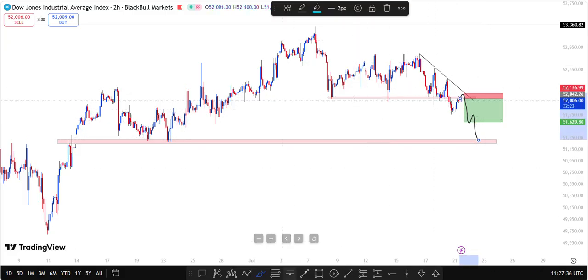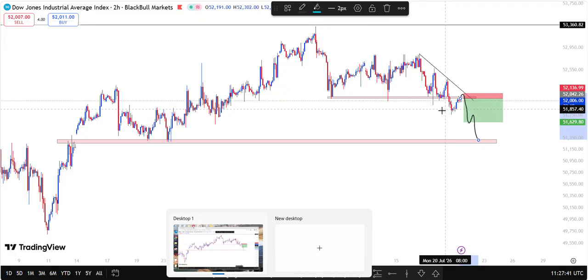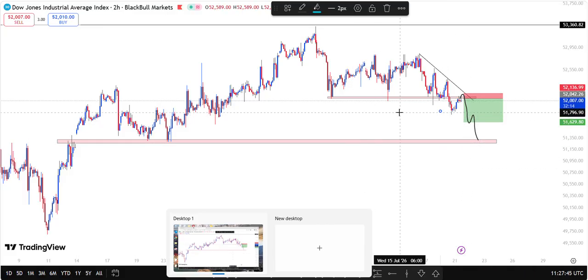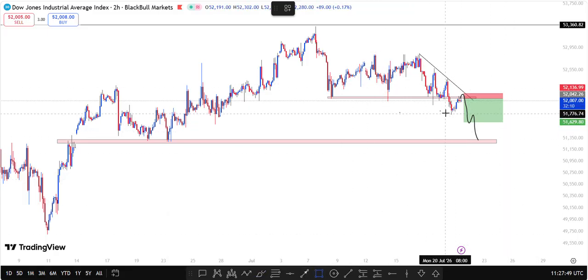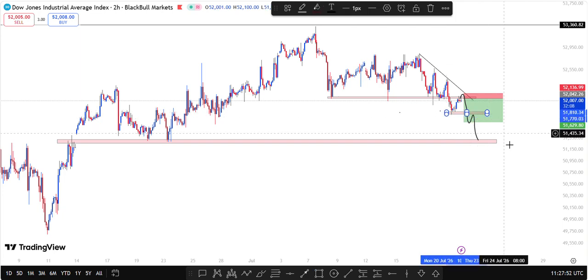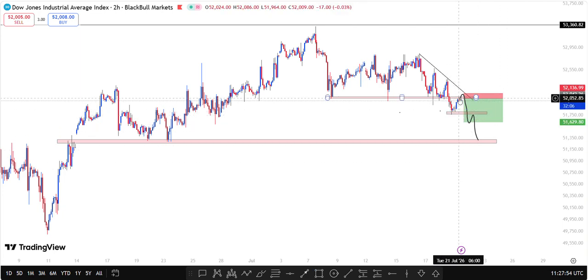So that's it on my end, guys, for that. Make sure you catch this trade with me, guys. So this is what we are anticipating the market to do.